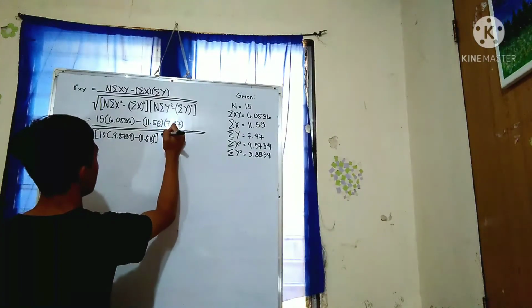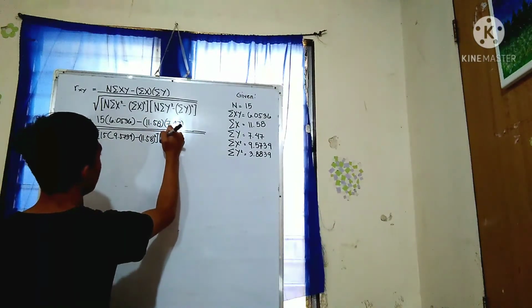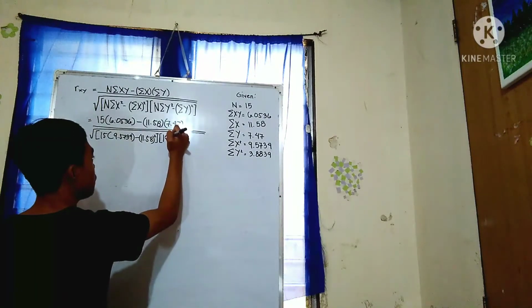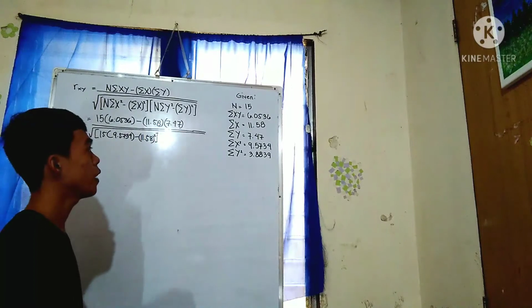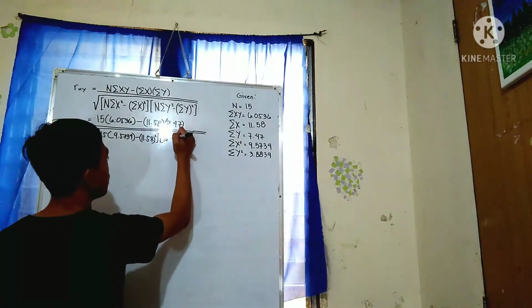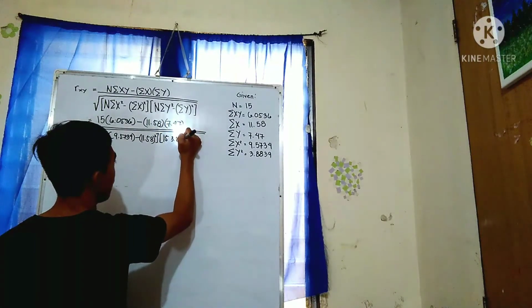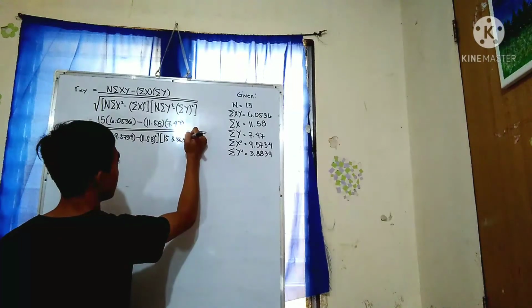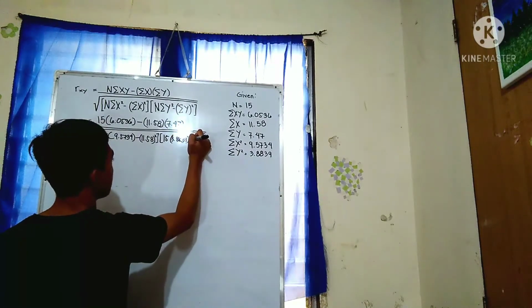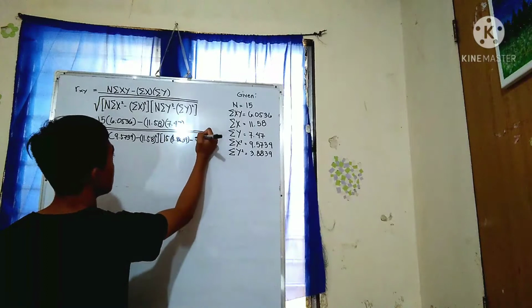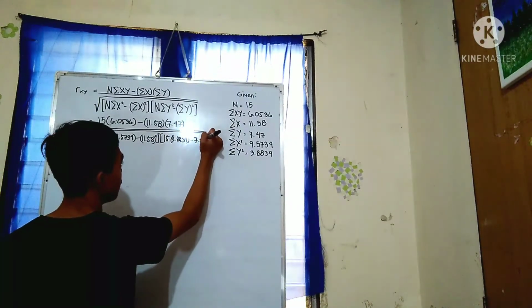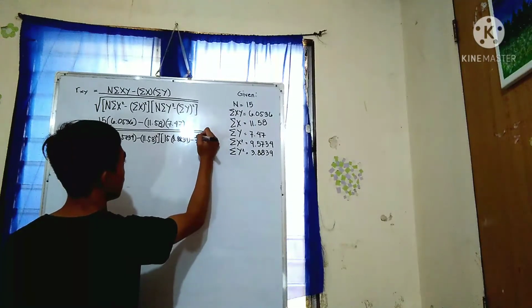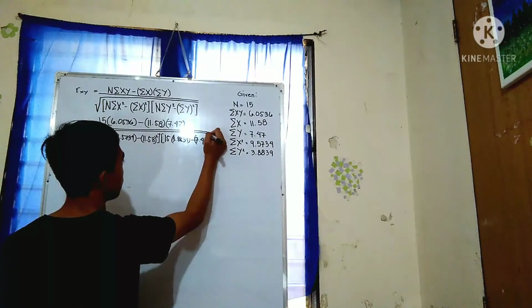Then we draw the bracket again. So our n is 15, then the summation of y squared is 3.8839. Copy minus the summation of y, 7.47, to the power of 2.